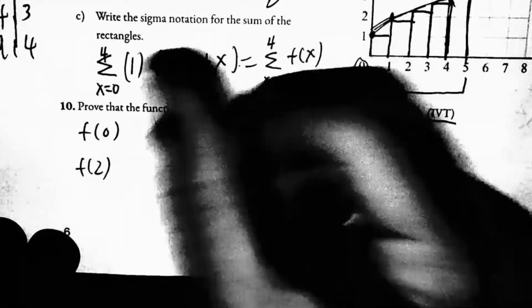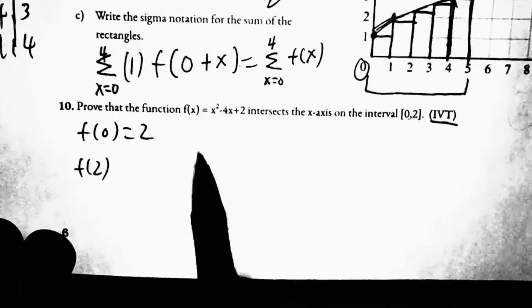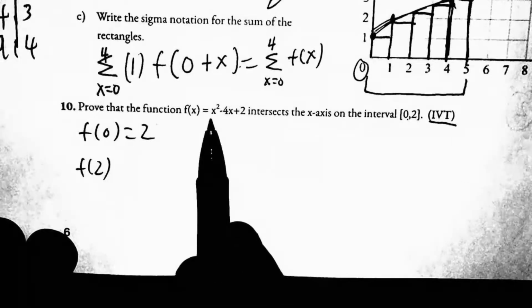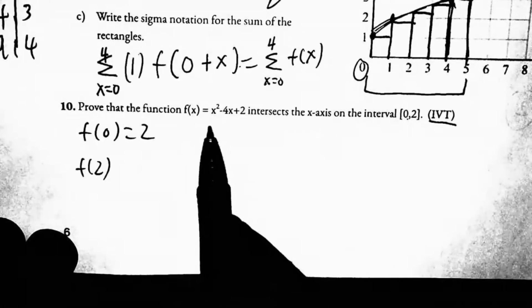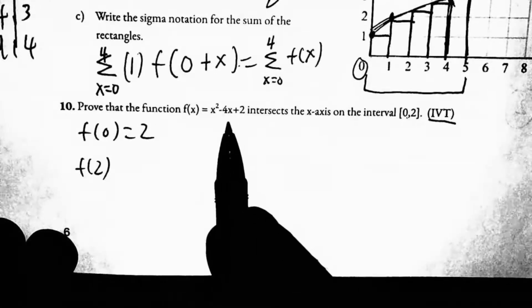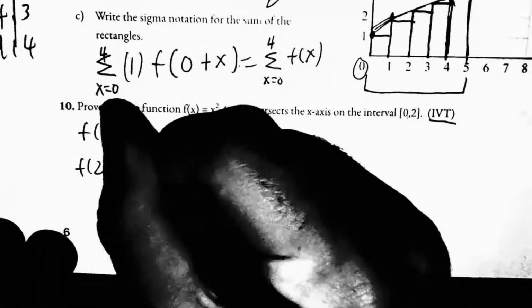Okay, so f of 0, when I plug in 0, I get 0 minus 0 plus 2, which is just 2. When I plug in 2, I get 2 squared minus 8 plus 2. So that's 4 minus 8, which is negative 4, plus 2 is negative 2.